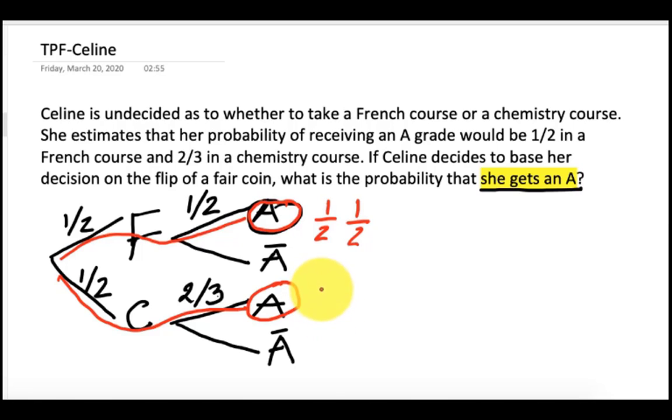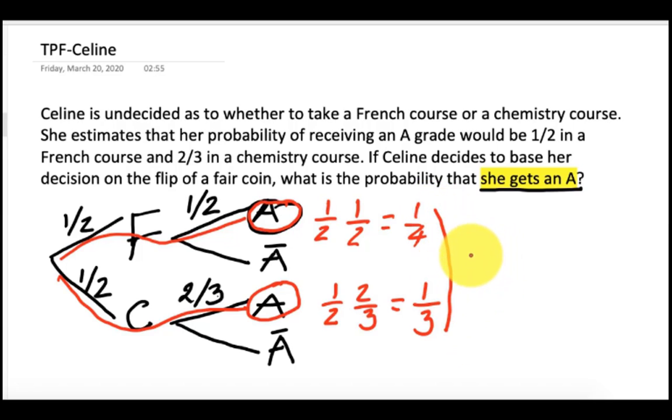The probability that the second scenario occurs is 1/2 times 2/3. So you get 1/4 for the first and 1/3 for the second. To sum up, you can see that the probability that she gets an A will be 1/4 plus 1/3.